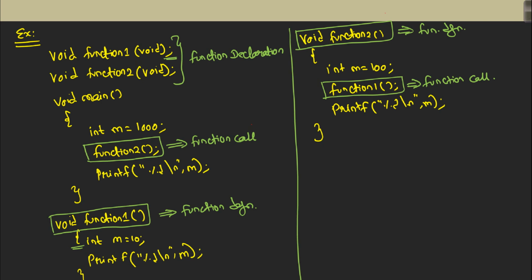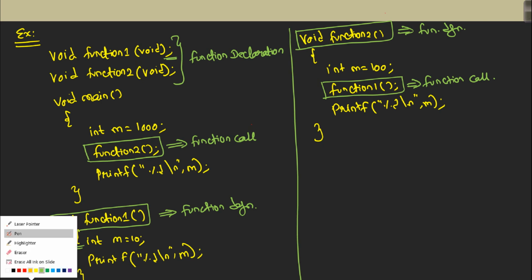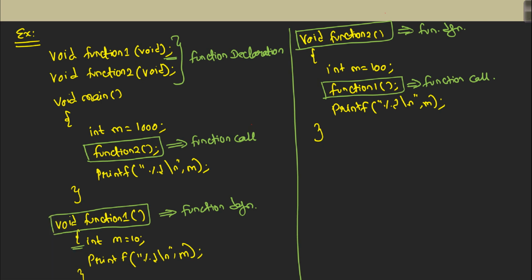Now if you observe, previously I told that one variable name can be present in 3 different functions. Here, int m is equal to 1000, the scope of this is only inside the main function, because it is present inside the main function. So the value m equal to 1000 will be available only inside the main function. Clear? Now the moment you come into function 1, you declare int m equal to 10.